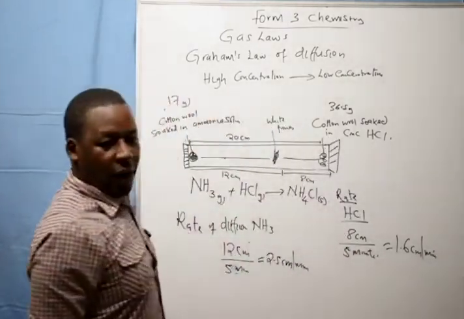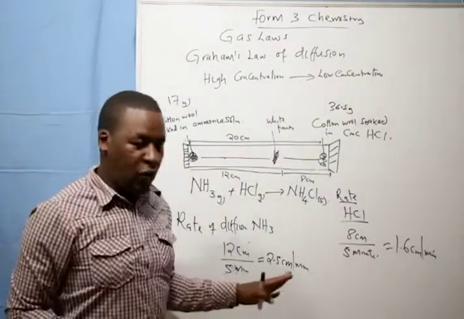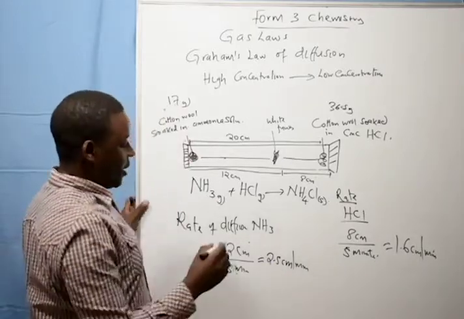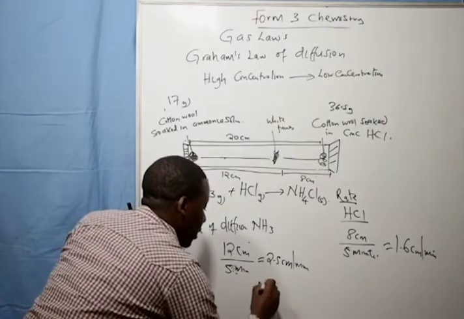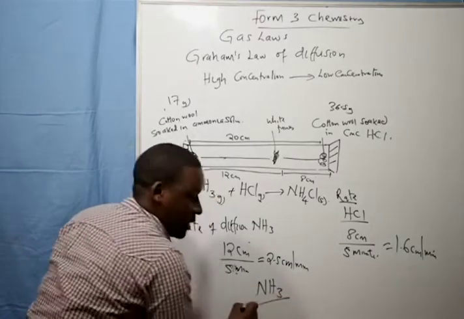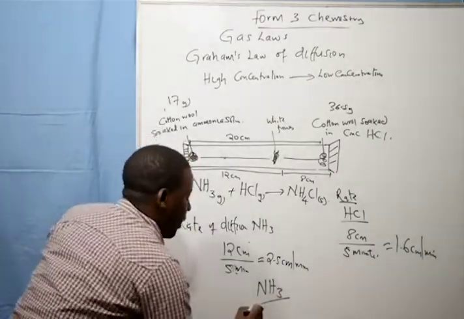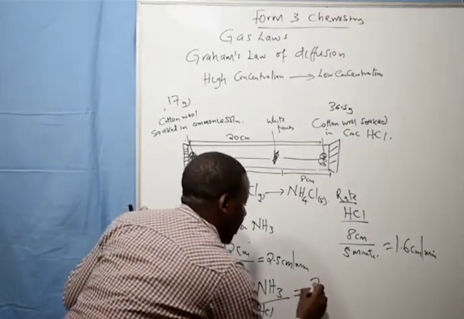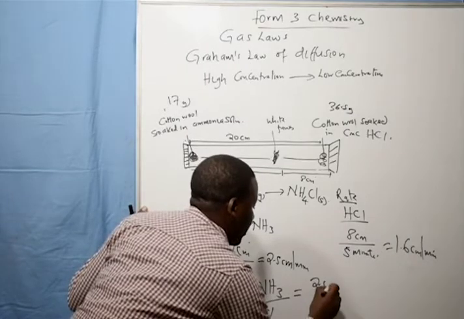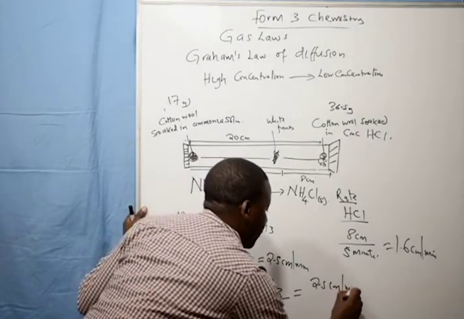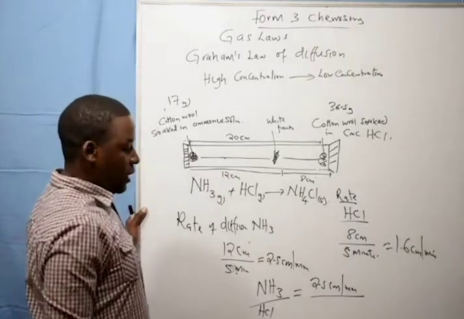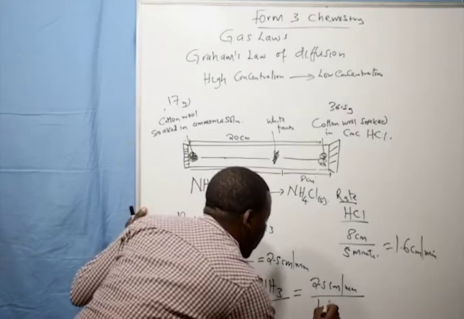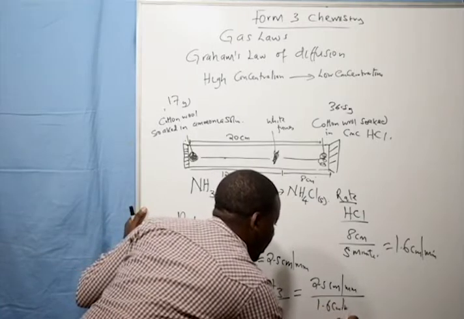Now, if you compare the relative rate of diffusion of the two gases, you take the rate of ammonia, 2.5 centimeters per minute, divided by the rate of HCl, which is 1.6 centimeters per minute.